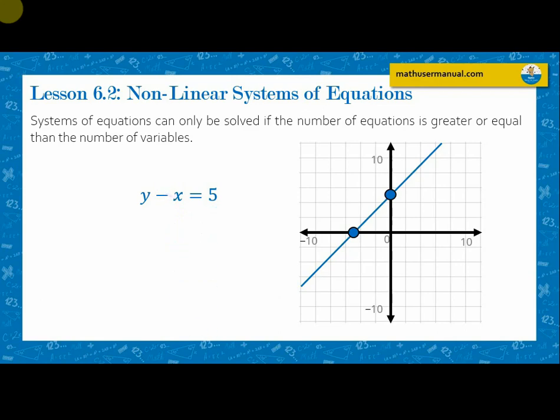Now let's bring the second equation, y minus x squared equals 3. And because of the x squared, there's a different way of graphing it. So let's start by first isolating the y. So that means we need to do the inverse operation of a negative x squared, and the inverse operation of a negative is always a positive, so positive x squared.